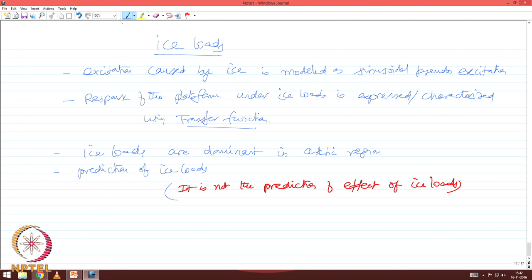It is actually the prediction of ice loads itself. Prediction of ice loads is also associated with a significant uncertainty.